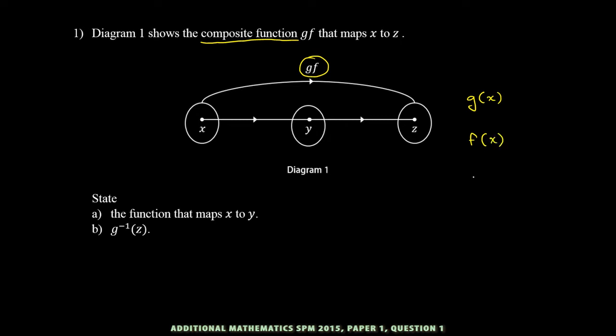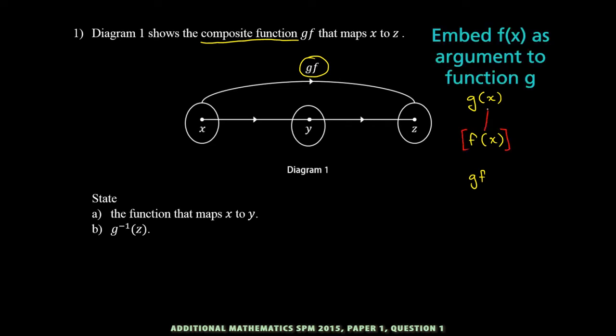But when we have a composite function like gf, that means the whole function f(x) becomes the argument of the function g. So essentially, when we have gf of x, this really means g with f(x) as the argument for function g.